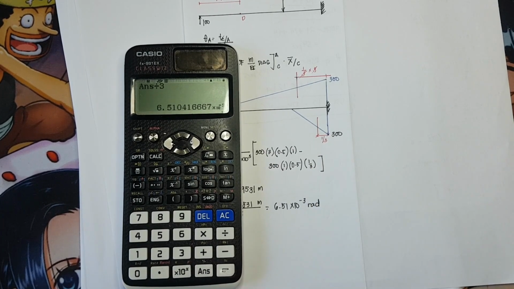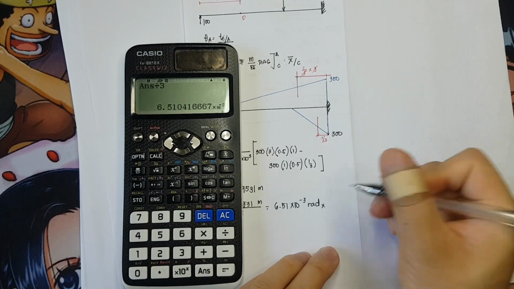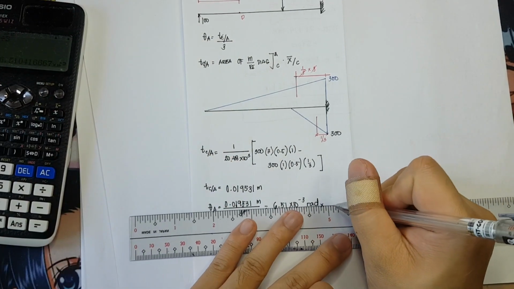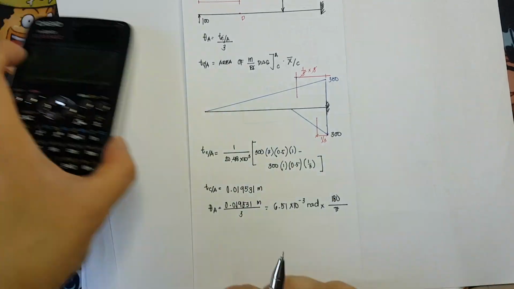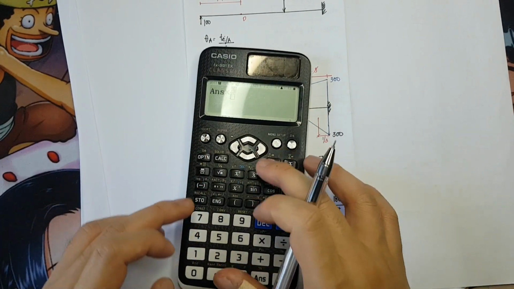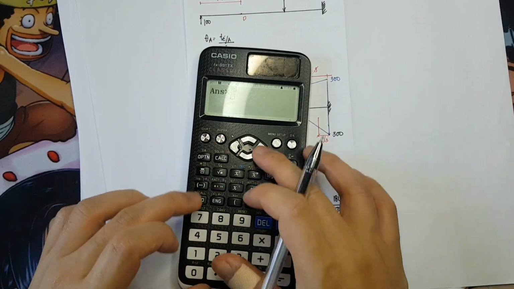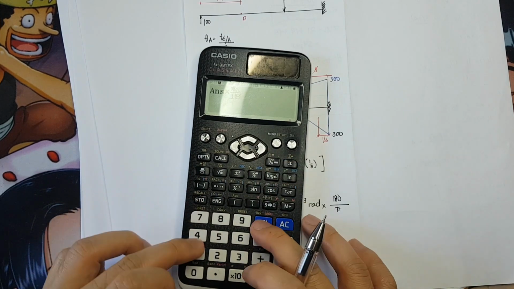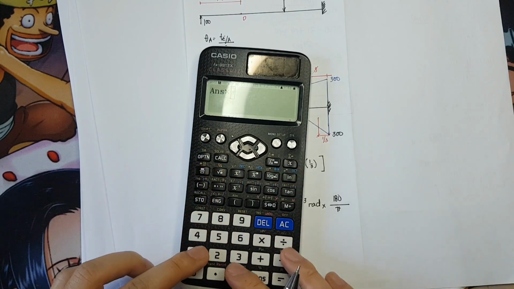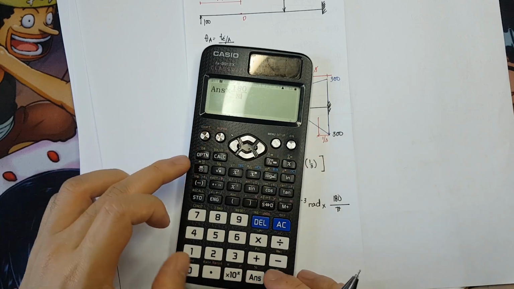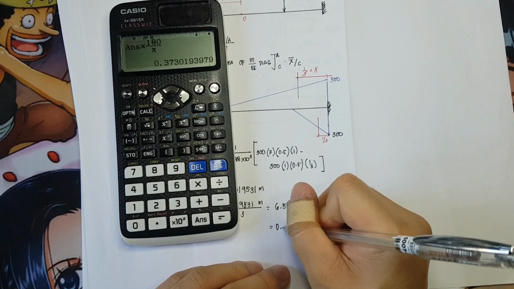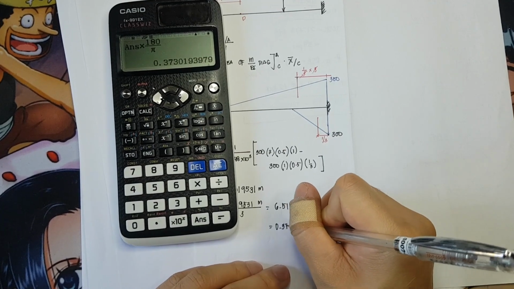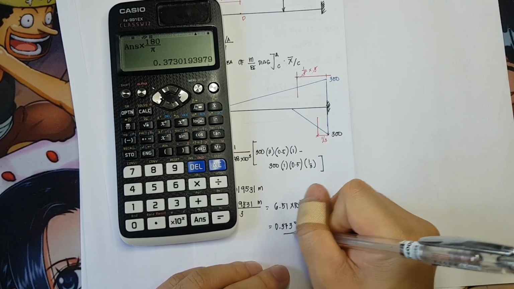Okay? To convert that into degree, we have pi is equivalent to 180. So times pi over, baliktad. This is now equivalent to 0.373 degrees.